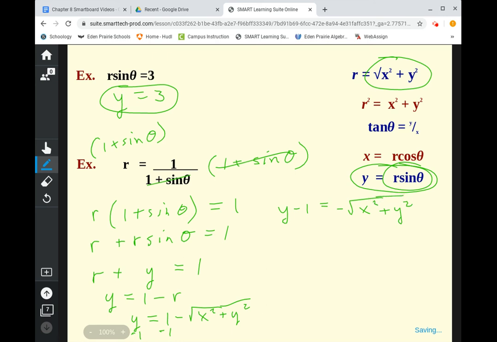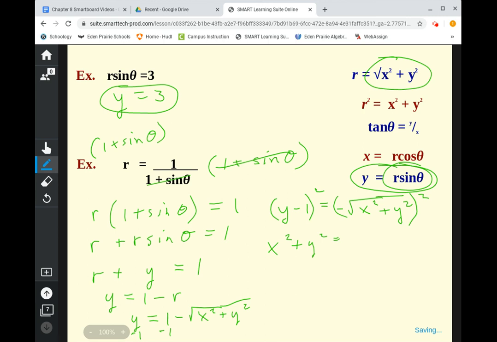Then I can square both sides to get rid of that square root. I can square this side, and that would leave me with x squared plus y squared, and the negative also gets squared, so I should put that in parentheses there. So I'm left with x squared plus y squared.